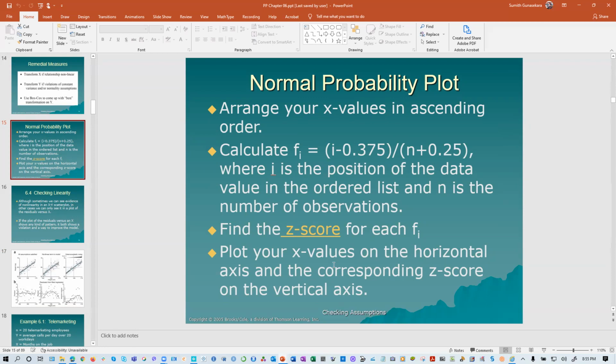The X value will be rearranged, and for that rearranged one, you find the Z-score that would be plotted against its own value. Okay.